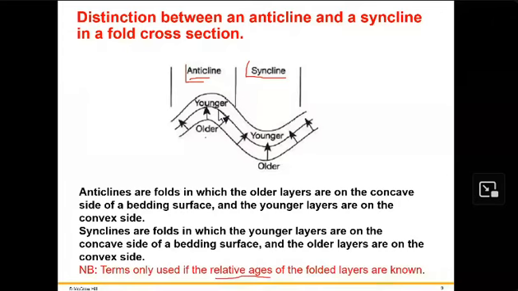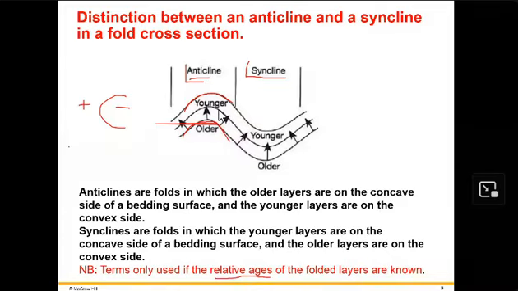The older beds are on the concave side of the fold, and the younger beds are on the convex side of the fold.